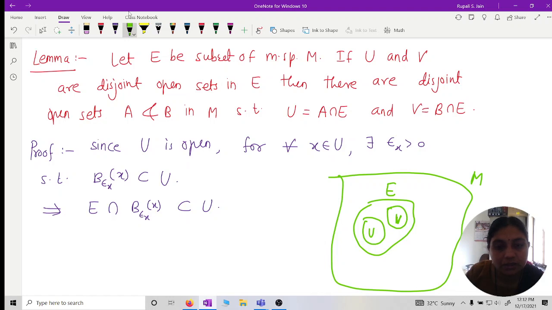Are you getting this? U is equal to A intersection E and V is equal to B intersection E. So if B epsilon x is contained in U, then E intersection B epsilon of x is also contained in U. Is that right?